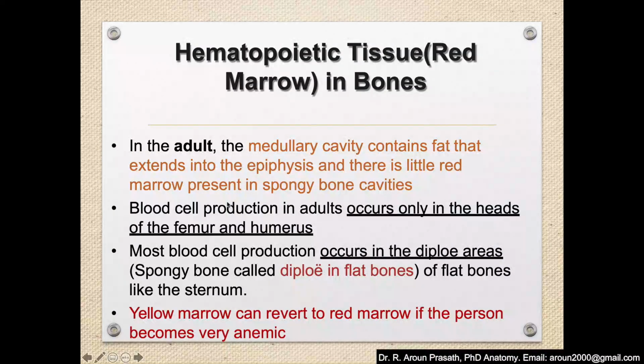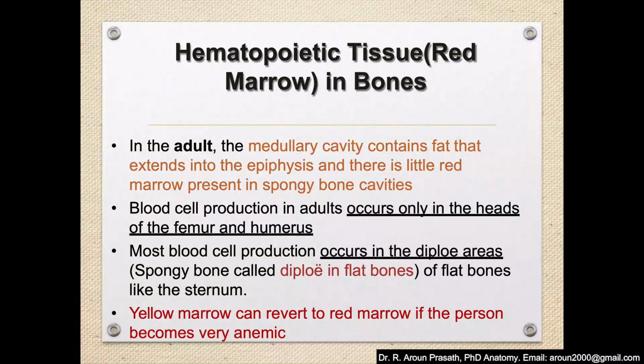Now let's discuss a few words about the hemopoietic tissue, that is the red bone marrow present in the medullary cavity of the long bone. In young age these medullary cavities are red in color. In this medullary cavity the blood cells are produced, which we call hemopoiesis or hematopoiesis, whatever it is.